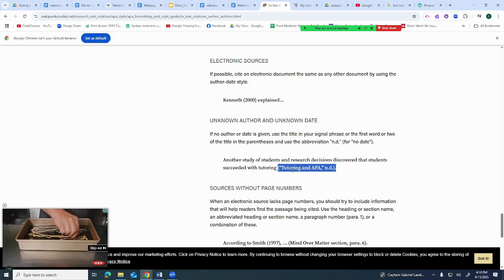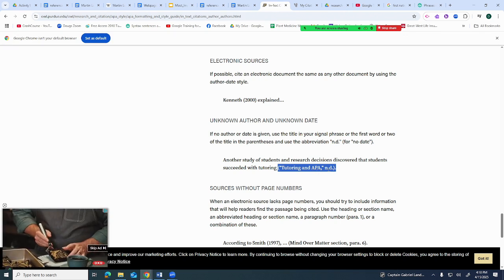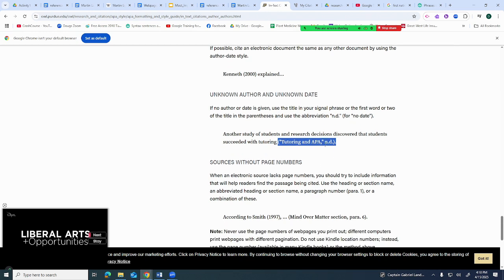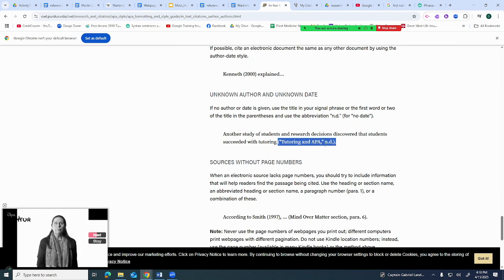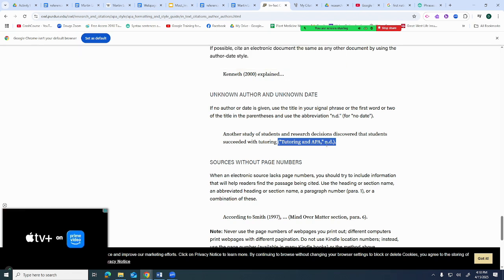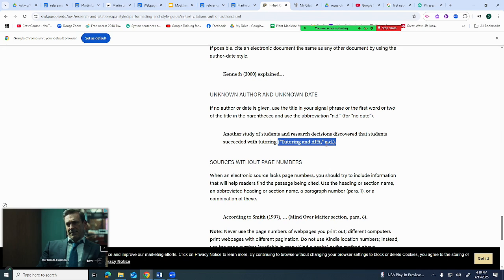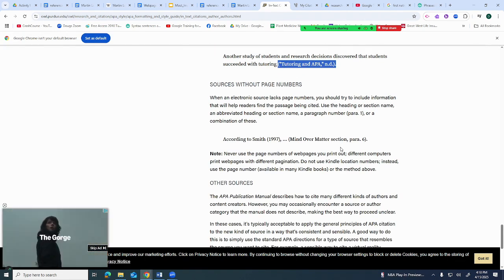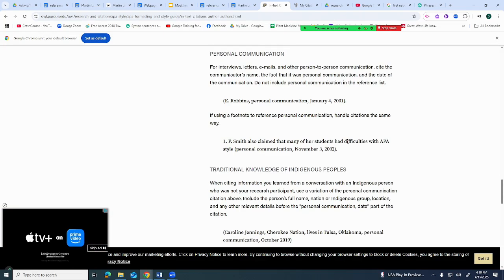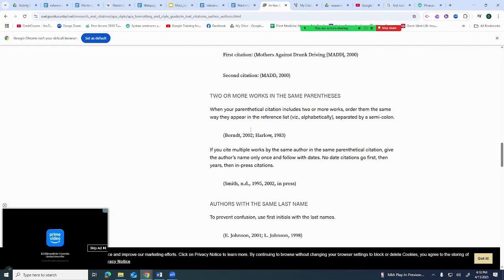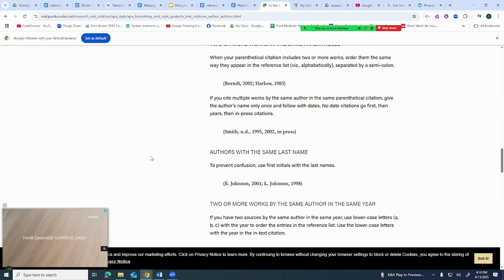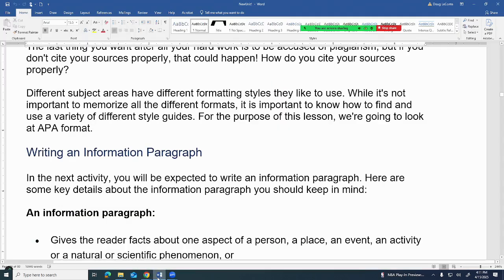So you would give the title of the web page, and ND means no date, because often they do want the date that the page was published, but often we don't know that or are unable to obtain that information. All right, so this is the greatest place to go to do that. Okay, and so let me continue on now.